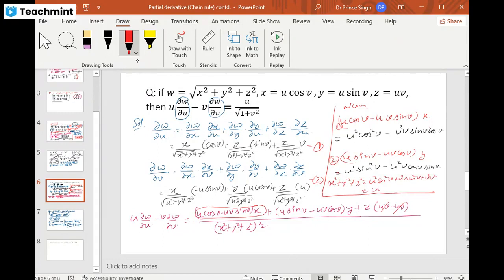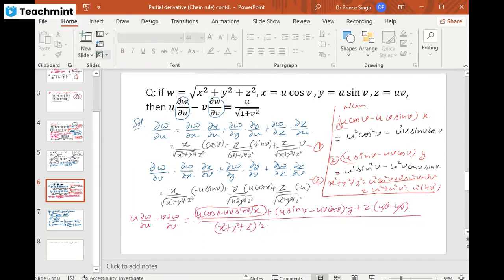So this is u square into cos square v plus sin square v plus u square v square. So it is u square common into 1 plus v square. Okay. So if I take the square root of this whole term, let me add one more slide here.